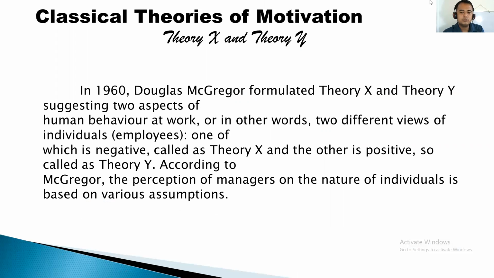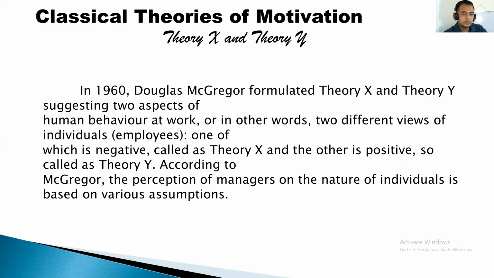In other words, two different views of individuals, or employees, one of which is negative, called Theory X, and the other is positive, so-called Theory Y. According to McGregor, the perception of managers of the nature of individuals is based on various assumptions. If the assumption is negative, it's Theory X. If the assumption is positive, it's Theory Y.